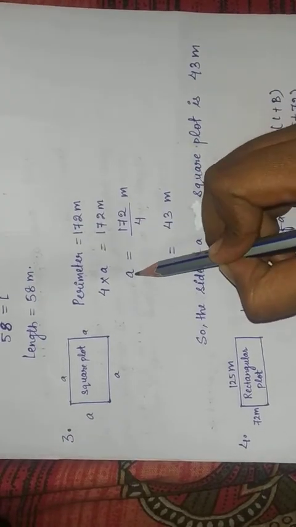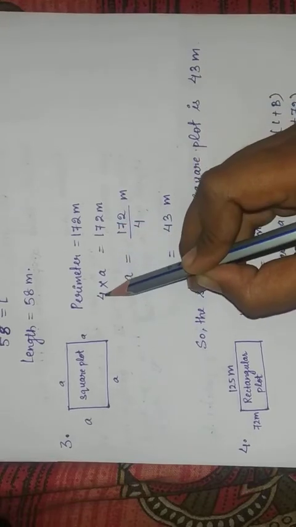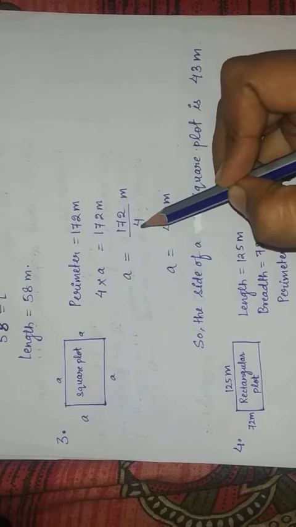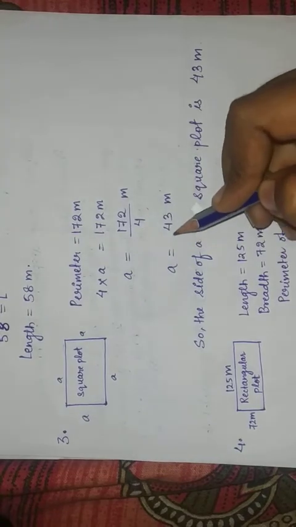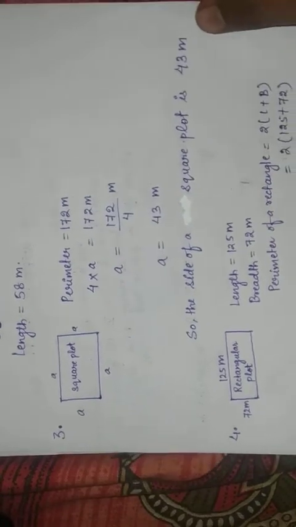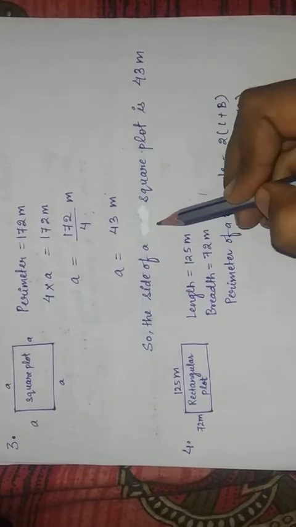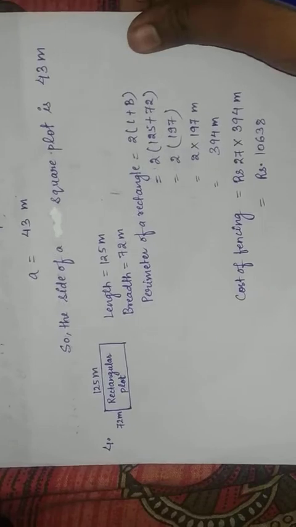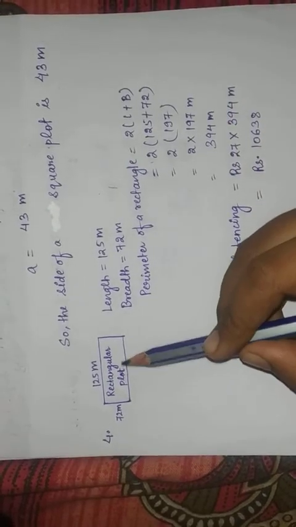So A is equal to 172 by 4. Here it is multiplied. If it comes to the right side, it will get divided. So A is equal to 43 meter. So the side of a square plot is 43 meters. Clear?